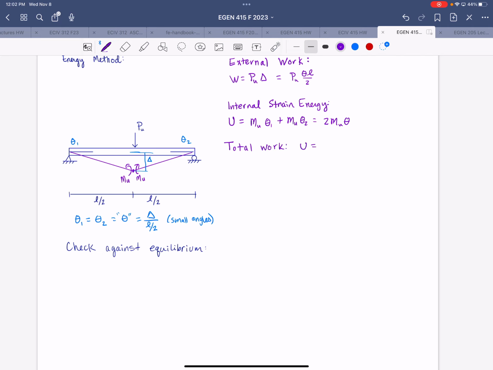So setting the internal strain energy equal to the external work, we have Pu times theta L over 2 is equal to 2 Mu theta.